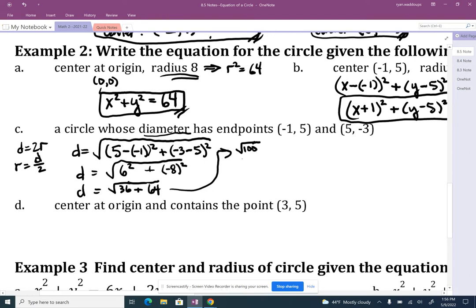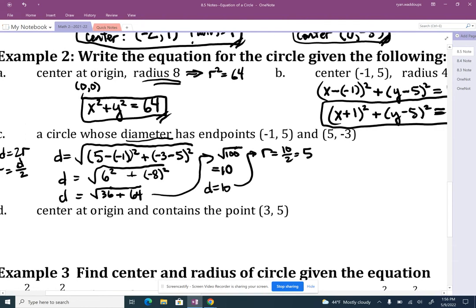The square root of 100, sorry, not the square root of 10, the square root of 100 is equal to 10. Now, that means our diameter is equal to 10, which means that our radius is 10 divided by 2, or 5. Let's go ahead and write that. 10 divided by 2, which is equal to 5.